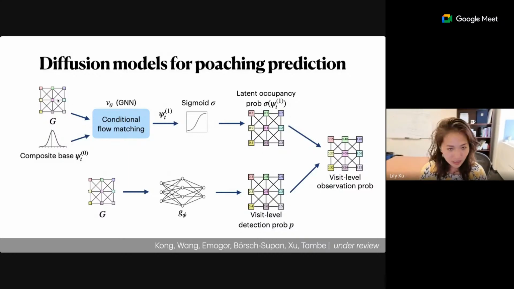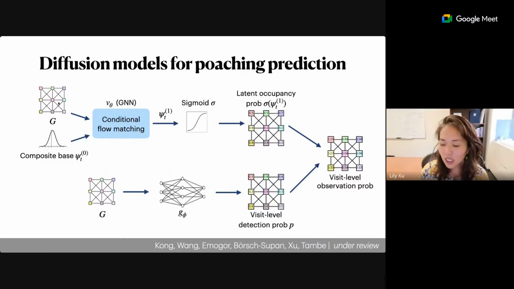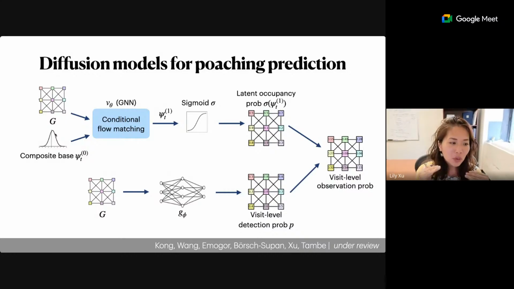In this approach that's currently under review, we look at a graph model of different sites in the park, and we develop a flow matching algorithm that, instead of initializing our diffusion model through random noise, initializes our model based on a naive prediction of poaching risk using logistic regression.